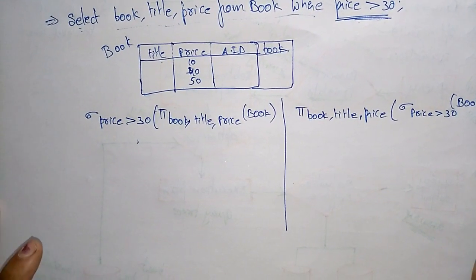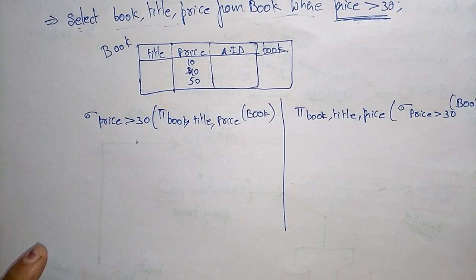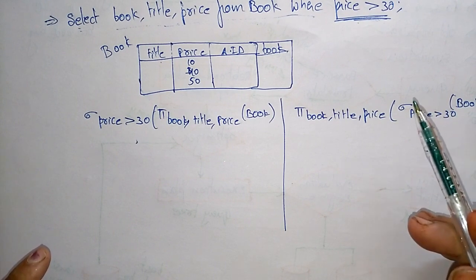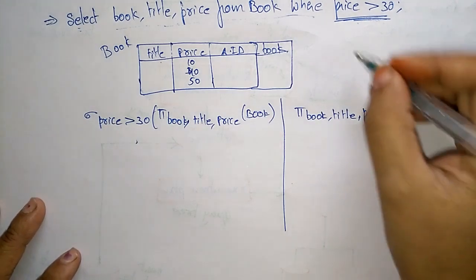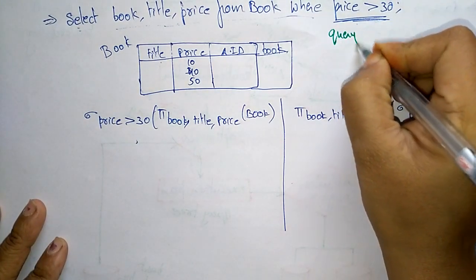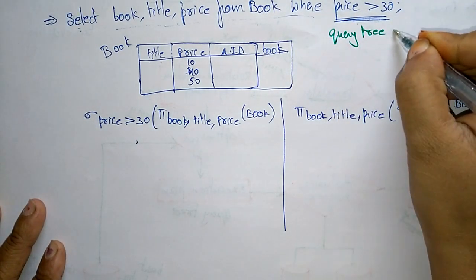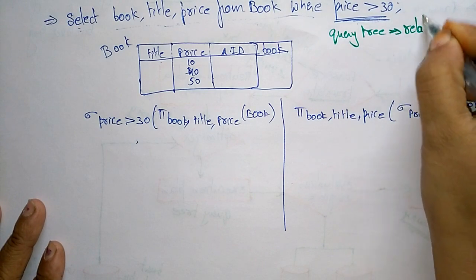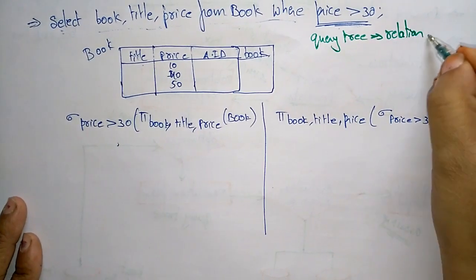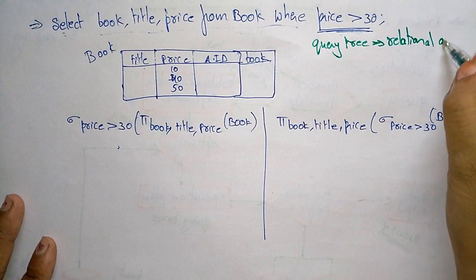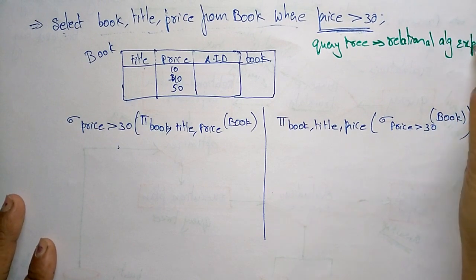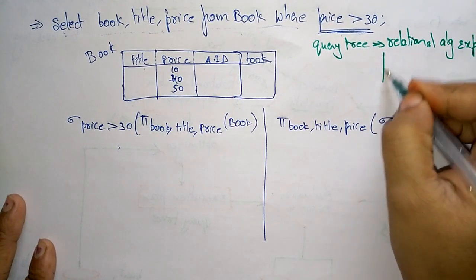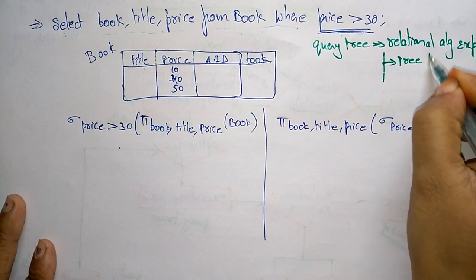A query tree is used to represent relational algebra expressions, so the expression is in a tree data structure.